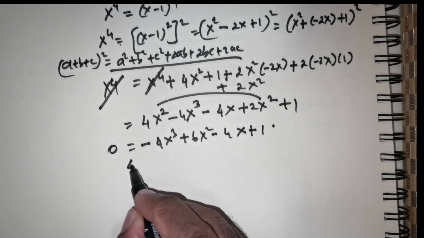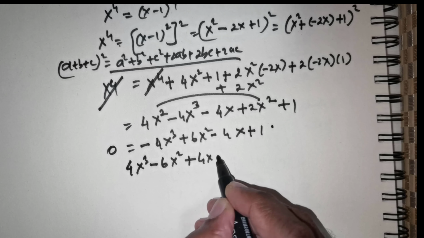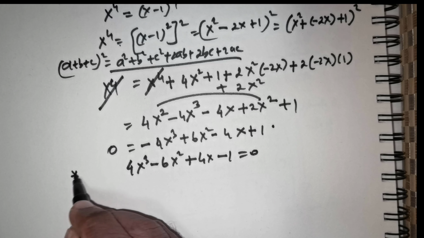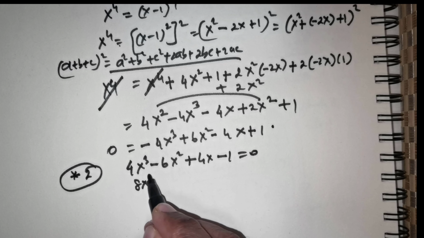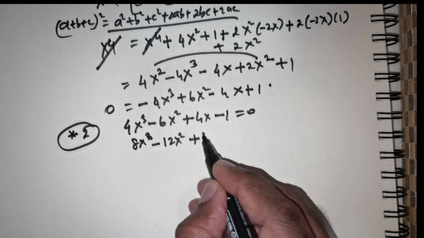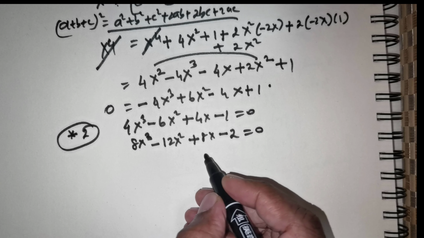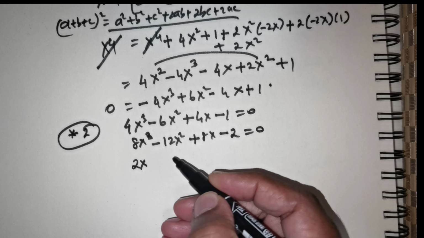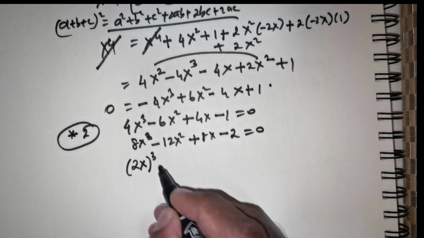So if you were to do this, you would get 4x cubed minus 6x squared plus 4x minus 1 is equal to 0. Now what I wish to do is multiply this entire equation by 2, and I would get 8x cubed minus 12x squared plus 8x minus 2 is equal to 0. Now I want to express everything in terms of 2x. So 8x cubed is rewritten as (2x) raised to the power of 3.